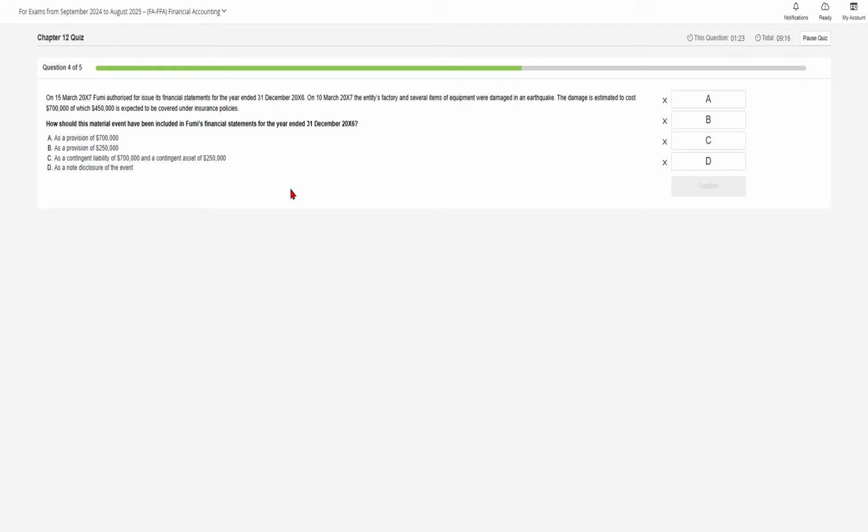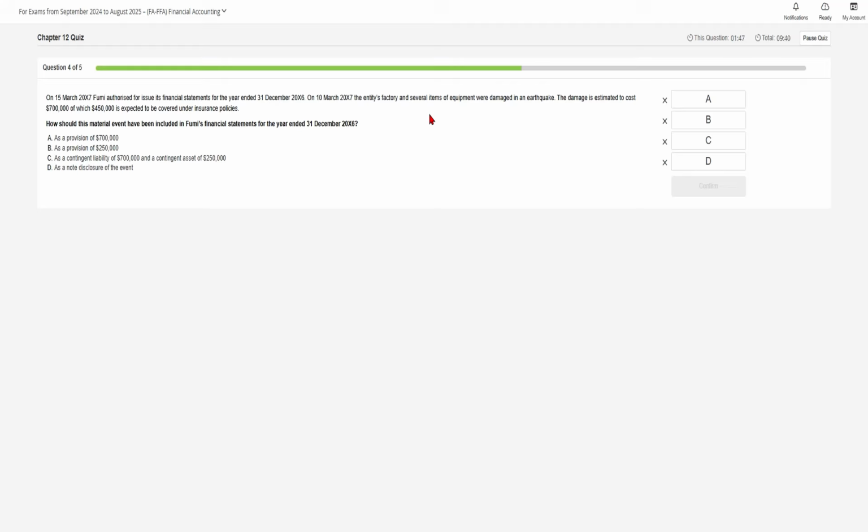Okay, so as this earthquake was beyond our control, and there is no evidence of a condition existing at the reporting date regarding this earthquake, that's why it's a non-adjusting event.